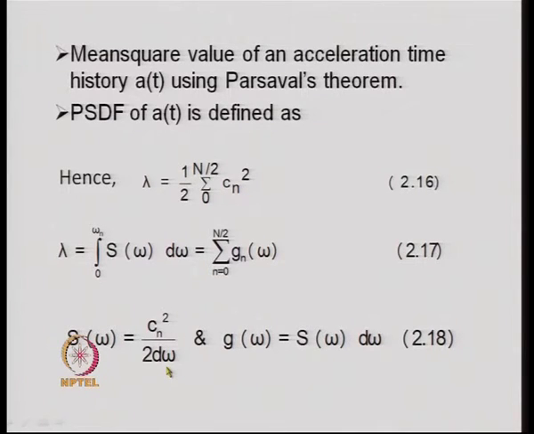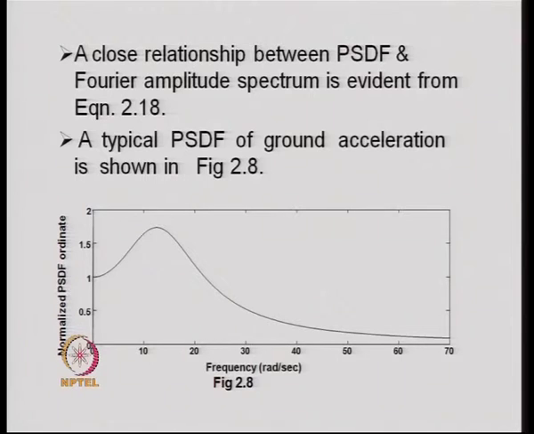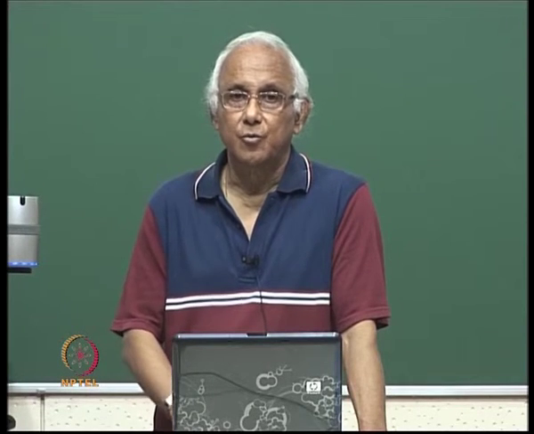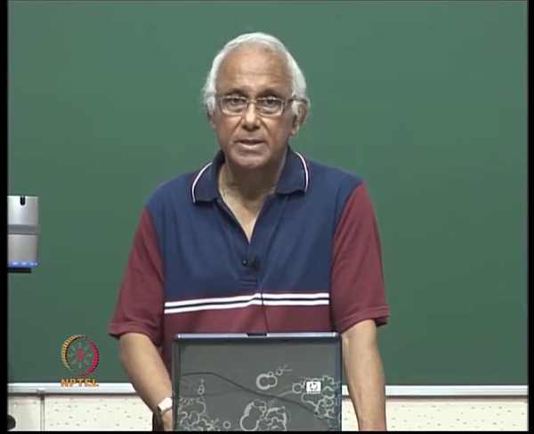Thus, one can obtain the power spectral density function for a ground motion, provided we have the frequency contents of the ground motion or Fourier amplitude squares.